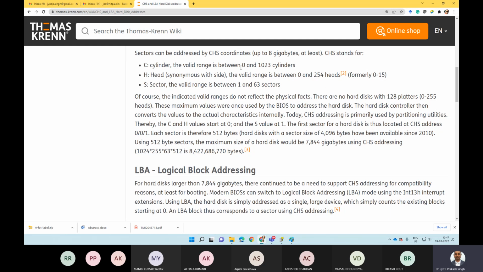So basically 10 bits for cylinders, then we can address 0 to 1024 cylinders. And then we have 0 to 254 heads. That means 7 bits, 8 bits, sorry, 8 bits. So 10 plus 8, how much? 18, and this is 6, 24. So it is coming out to be 24 only.